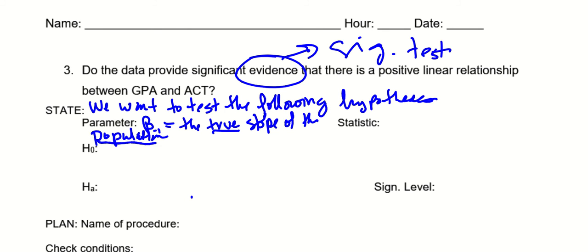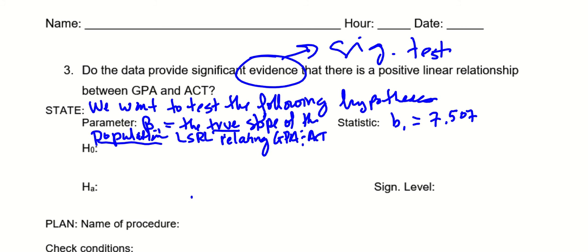Another keyword here, LSRL, relating GPA and ACT score. Our statistic is going to be little b sub 1, which is the slope that we get from the LSRL that was constructed from our data, and that was 7.507.